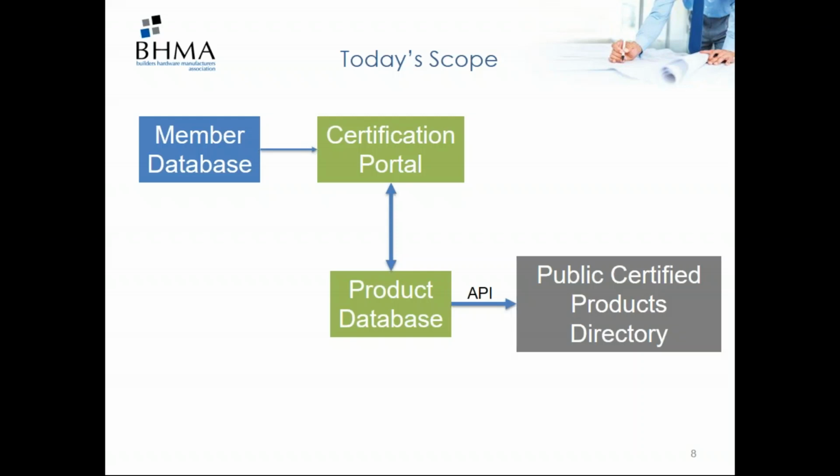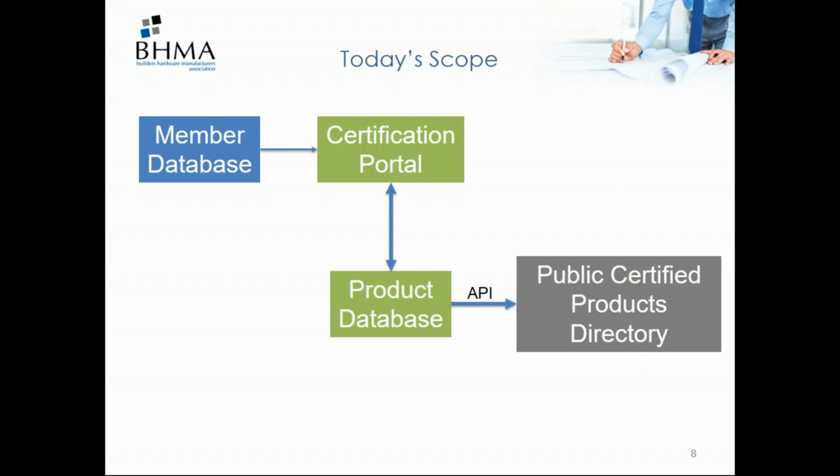The certification portal, which is next, is connected to that member database. And again, the certification portal is only used by manufacturers, labs, and BHMA staff to upload and to certify products. It is not viewable by the public, and it's connected to the next box, the product database.